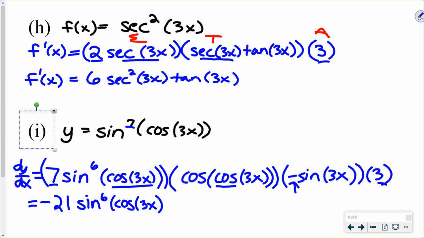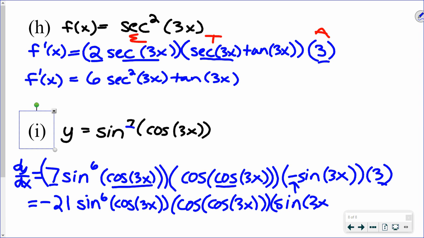So we've got sine to the 6th power of cosine of 3x, times cosine of 3x, times sine of 3x. There we go. Whew, that was a lot, but that would be your derivative.